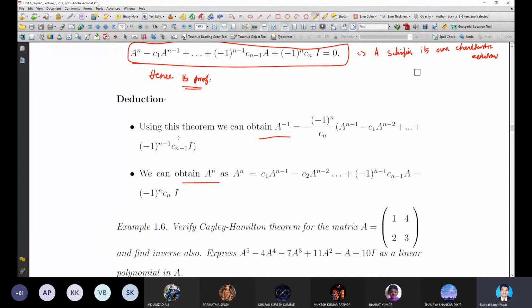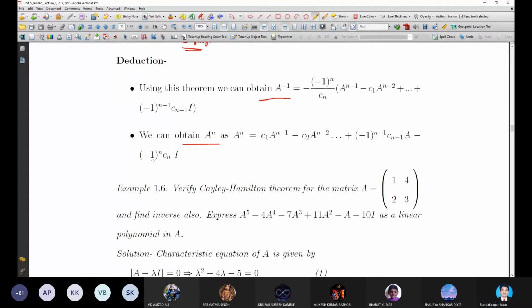Okay, so this is the third application: we can simplify the matrix equations. I will show you the problems here.